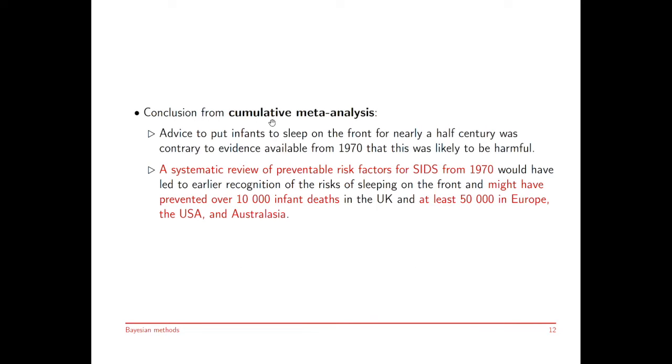The conclusion from the cumulative meta-analysis was in fact that already from 1970 one should have given the advice to put the baby on the back. This could have avoided a lot of deaths in infants all over the world.